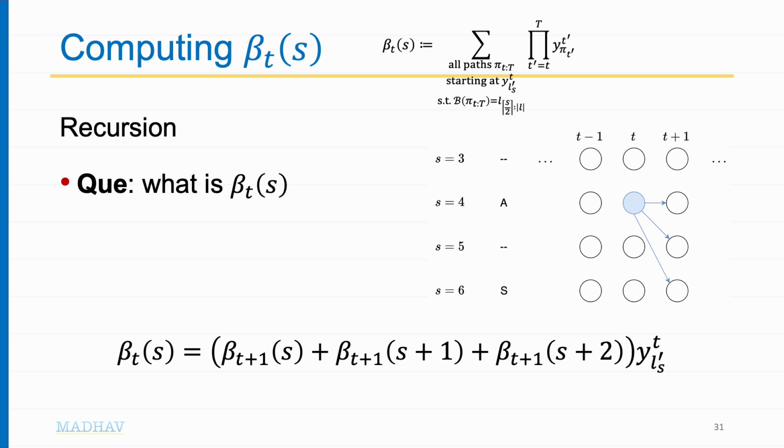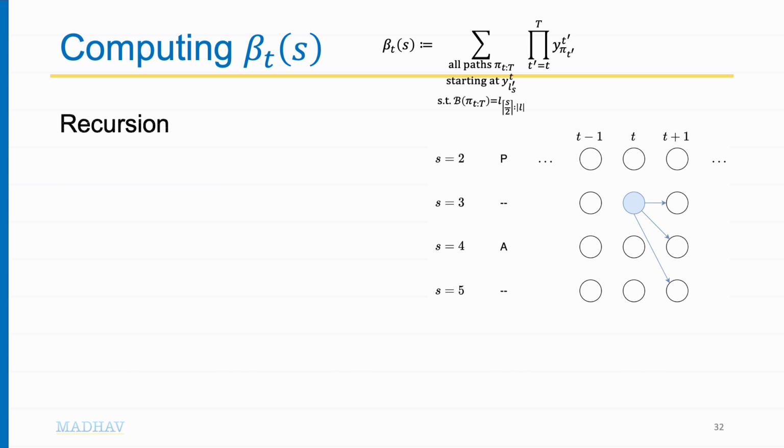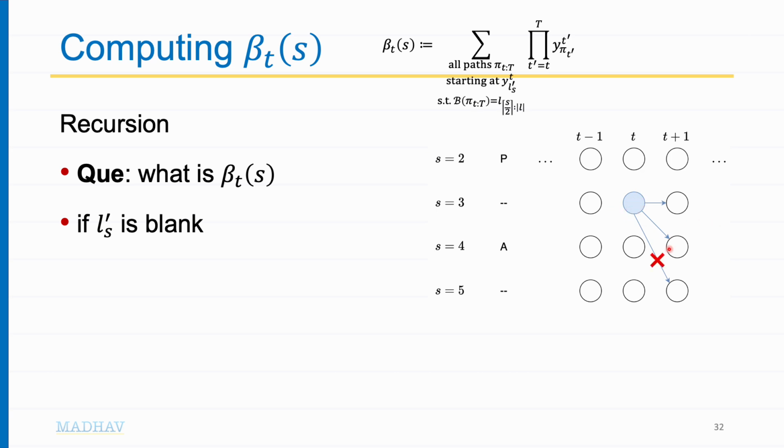Now let's look at the special cases where we have some problem. One problem appears when your current node is a blank node. So you basically don't allow this jump, and your beta becomes only the sum of two paths multiplied by the current node. Clear? Okay, now if L dash S is repeated, let's say in this case S S, you know beta at T plus 1.